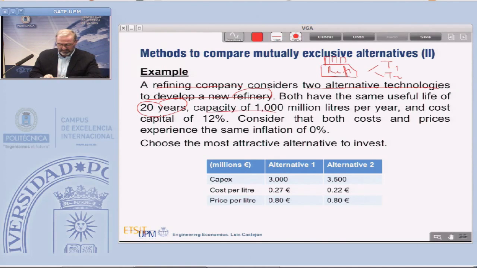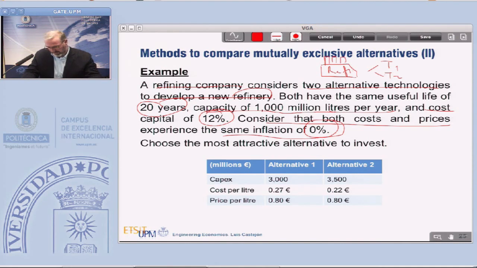The capacity of the refinery is 1,000 million liters per year, and the cost of capital is 12%. Just a consideration in relation to inflation, which is 0%, just to simplify the case. Choose the most attractive alternative to invest.